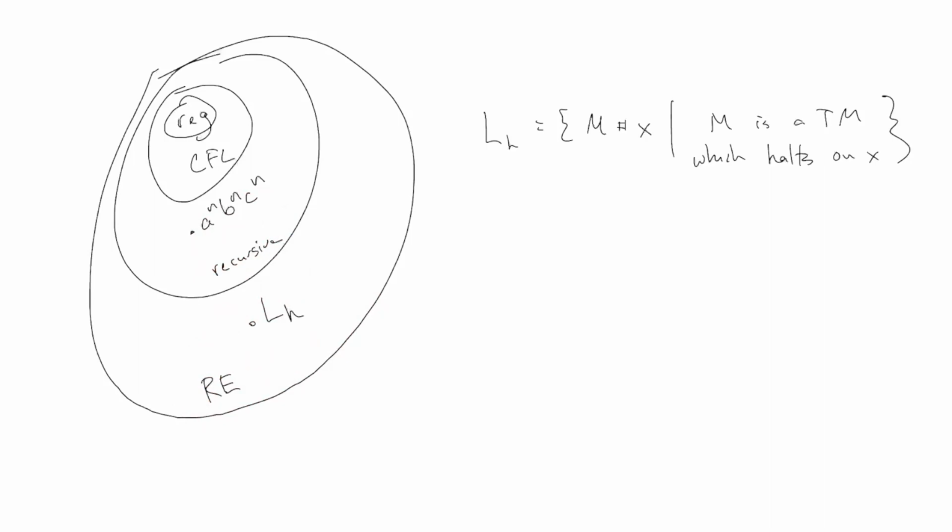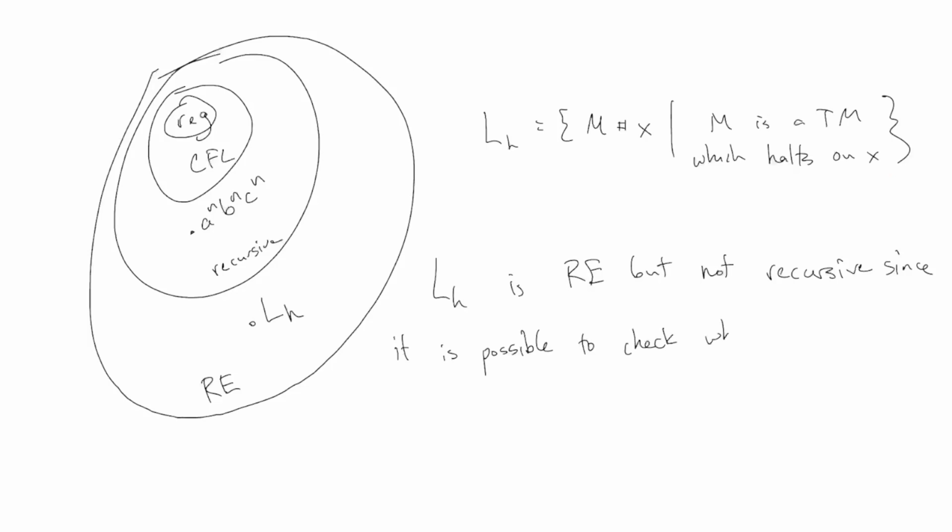We did a more technical proof last time, but basically I'll just say L_H is RE but not recursive, since it's possible to check when M halts on X. That is, you can just run M as a Turing machine on X, and it will halt. You can verify that using another Turing machine.